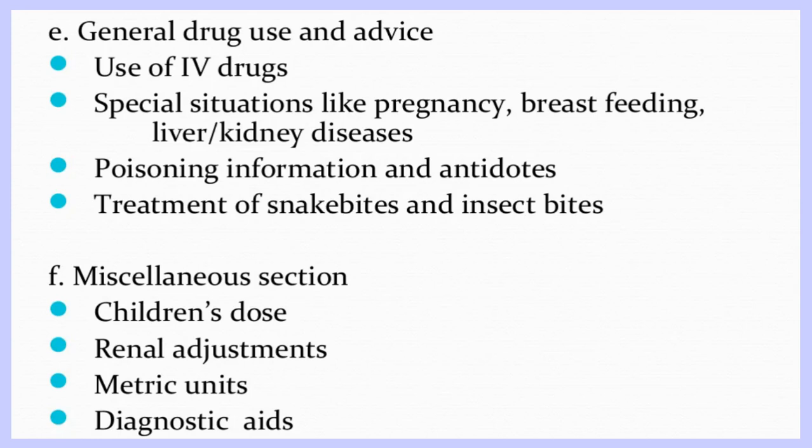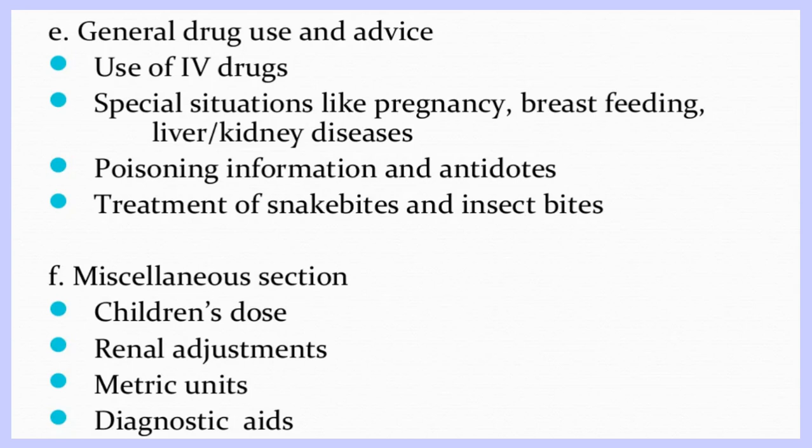Then under general drug use and advice, there is use of IV drugs, how to use the IV drugs, IV infusion, IV push, IV bolus, how to administer these drugs. Then special situations like pregnancy, breastfeeding, liver or kidney diseases, then poisoning information and antidotes, treatment of snake bites and insect bites. These information are available under general drug use and advice.